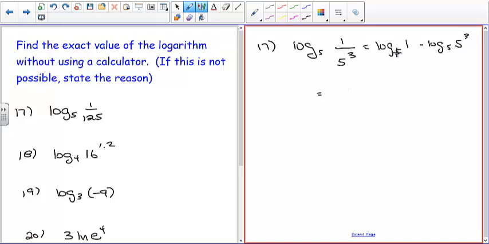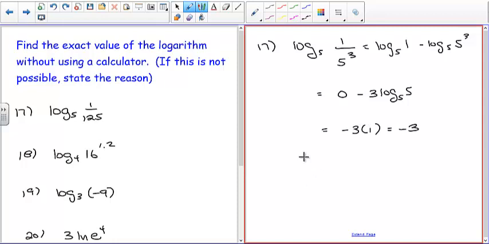The log base 5 of 1 is 0. The log base anything of 1 is 0. Then you could bring out the 3 using that property of exponents. So you have log base 5 of 5. Well, log base 5 of 5, when these are the same, the answer is 1. So you get negative 3 times 1, which is negative 3.